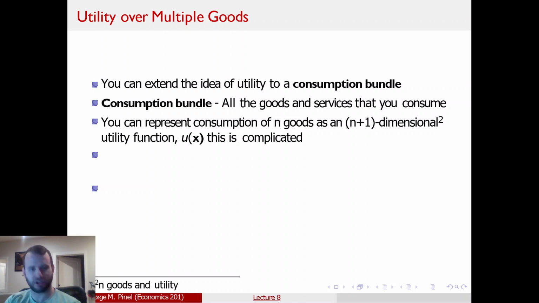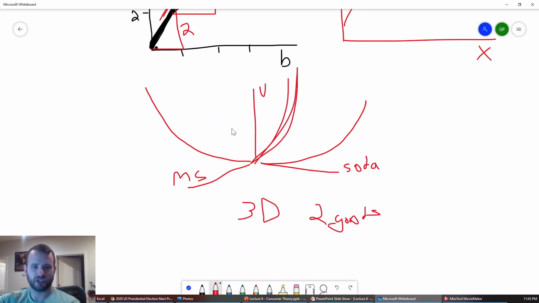But that's terribly hard to do. You saw me struggle to draw this graph, and this looks like nonsense, right? You can find better visual representations of multi-dimensional items, but you can really only get to the third dimension without some sort of complex GIF or something like that.